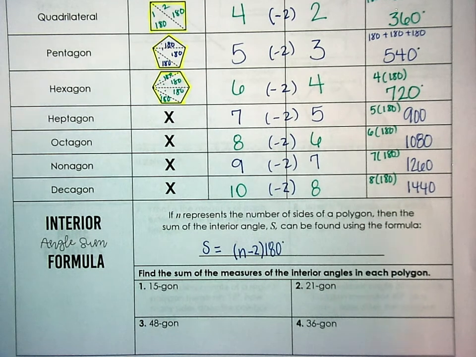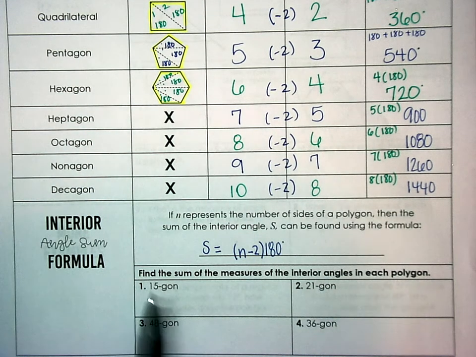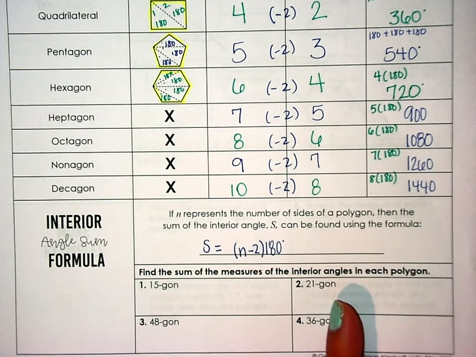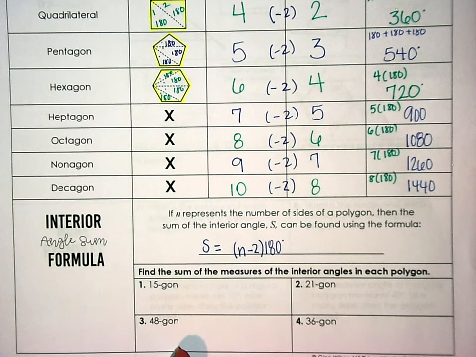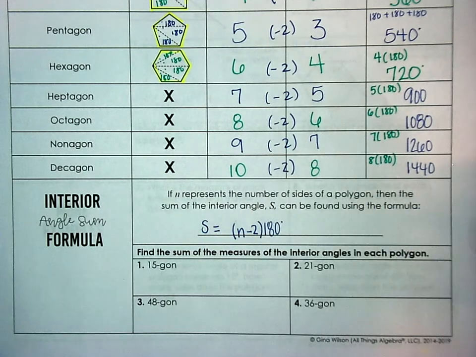I don't know if you caught on, but after a dodecagon, they don't give you fancy names, they just give you the number. So 15-gon, n is equal to 15. 21-gon, n is equal to 21, n is equal to 36, n is equal to 48. So we actually can do all of these using this formula here.